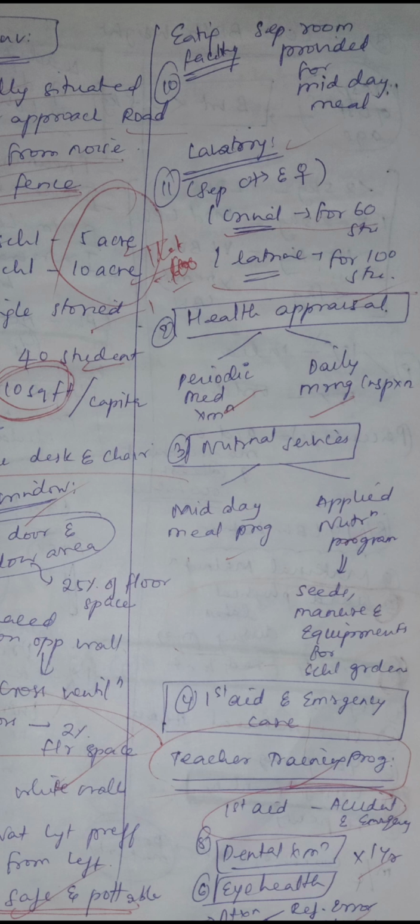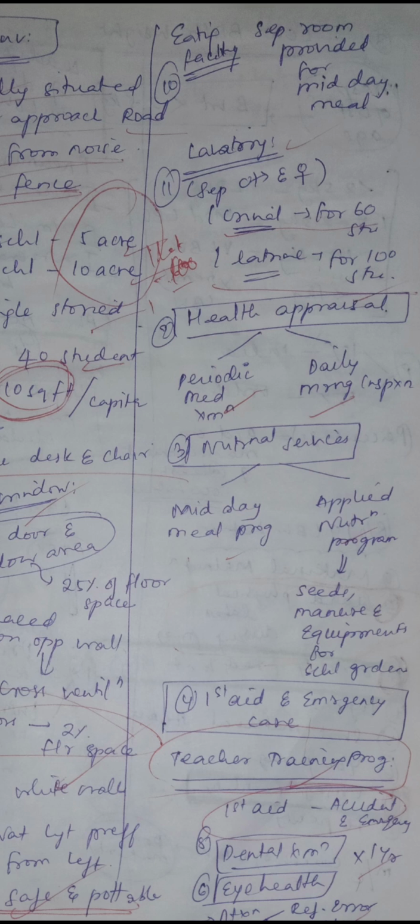Talking about the lavatory, separate female and male lavatories should be present, with one latrine for 100 students and one urinal for 60 students. You can remember it like urinal has 6 letters, so 60 students, and latrine for 100 students.